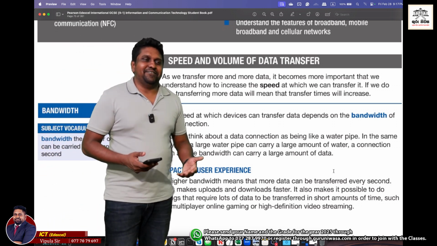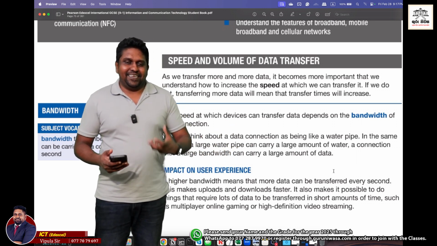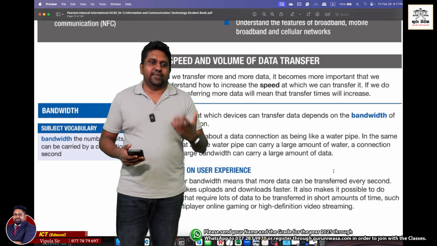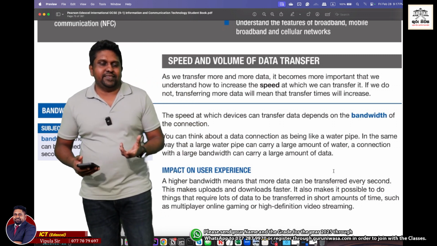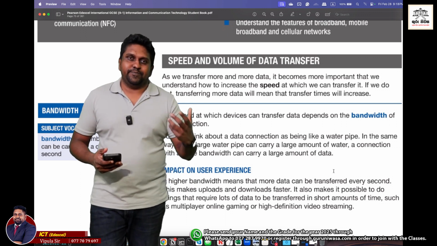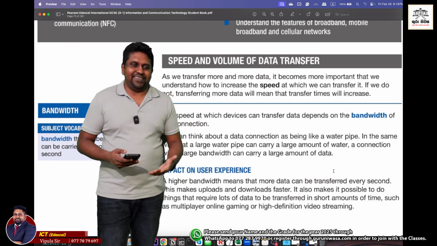You get pissed off because you'll be like, oh, why is the connection not working, right? So that means your connection must have a certain speed and a bandwidth so that your experience is properly there, right?